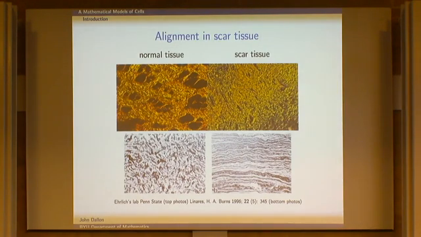So here are some pictures. The top is rat skin, rat dermis, and the bottom is human skin, I believe. This is normal tissue, and this is scar tissue. These are birefringent patterns, and the brighter color means denser, more aligned collagen, and the lighter color means less dense and less aligned.